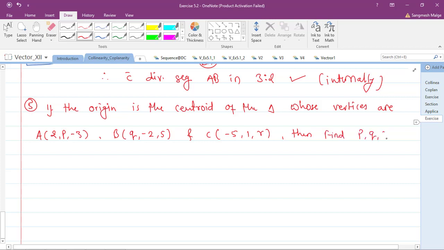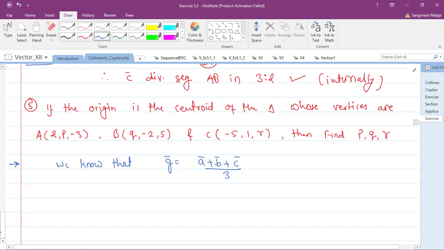So what is given? The centroid is given, which is nothing but the origin. You know what the centroid of a given triangle is. We know that G bar is equal to (A bar plus B bar plus C bar) upon 3.